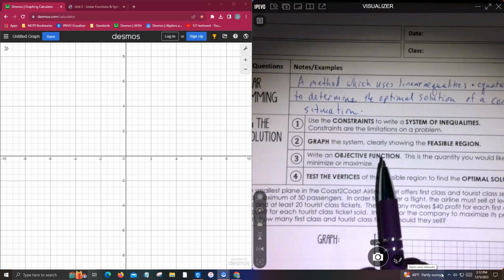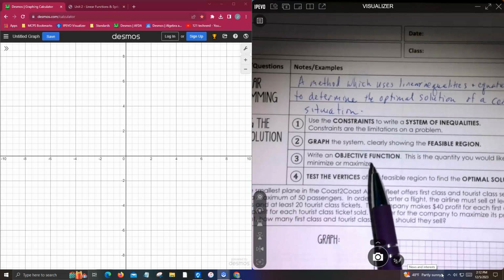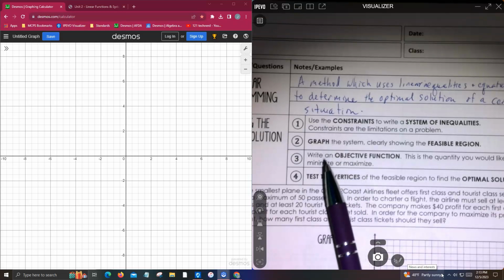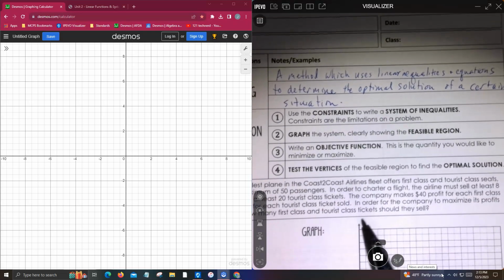And then we have an objective function, a function that we want to either minimize or maximize. Again, if you're talking about profits, a lot of businesses like to find the maximum profit, whereas if you're talking about cost, a lot of companies would like to know what's the minimal cost it will be in order for them to do some stuff.